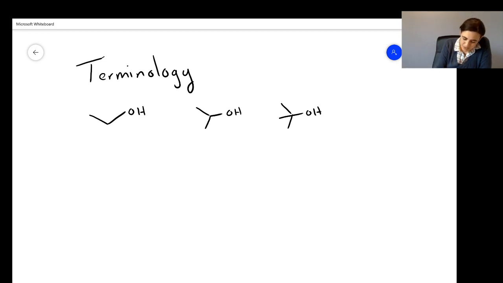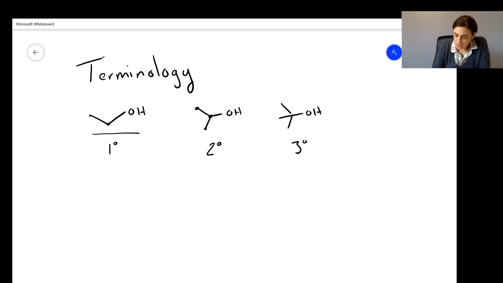So this alcohol here is referred to as a primary alcohol because it has a carbon that is attached to one other carbon. Our second in the line is known as a secondary alcohol because the carbon here is attached to two carbons.